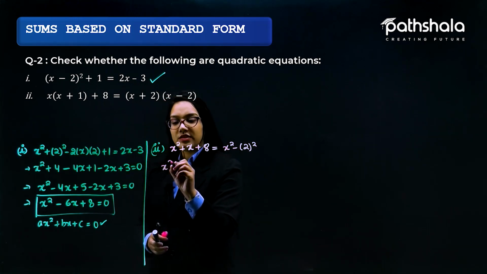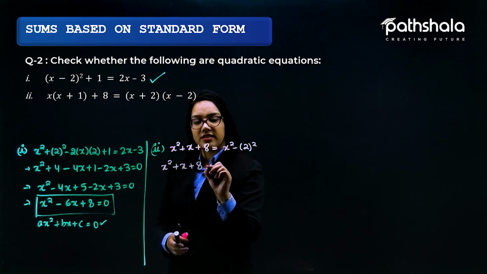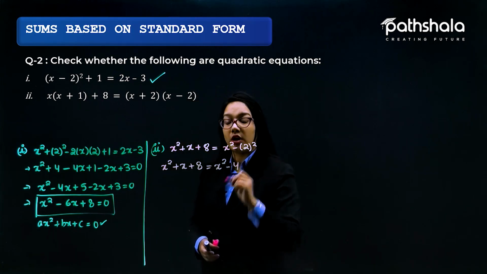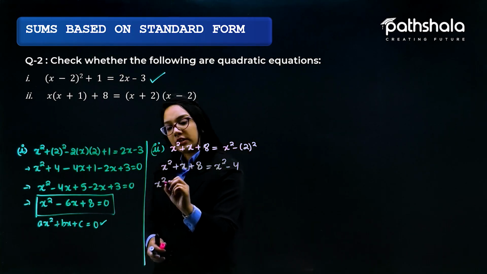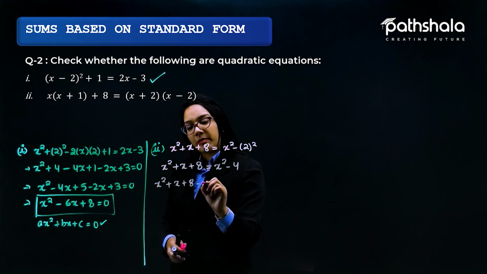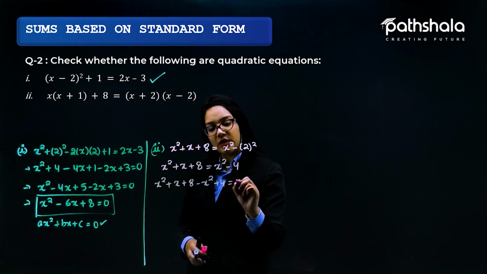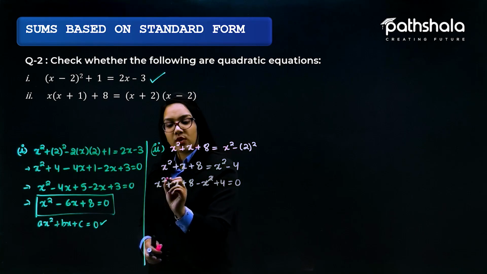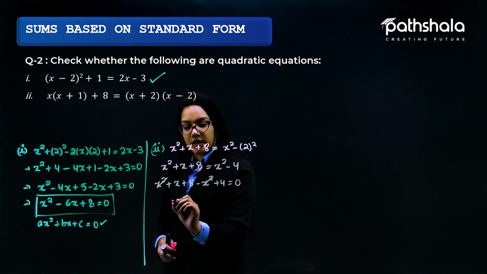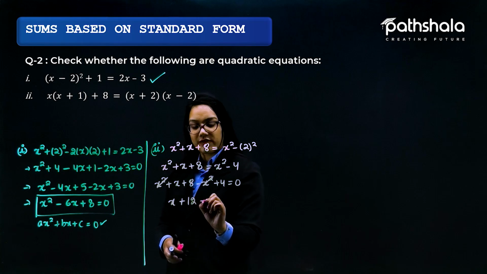We have x square plus x plus 8 is equal to x square minus 4. Now let's take all the terms towards this side. So this would be minus x square plus 4, which is equal to 0. So x square gets cancelled. We get x plus 8 and 4 is 12, which is equal to 0.